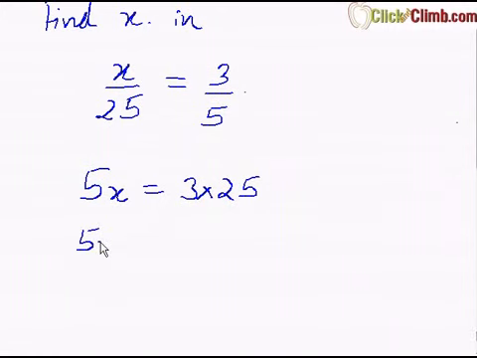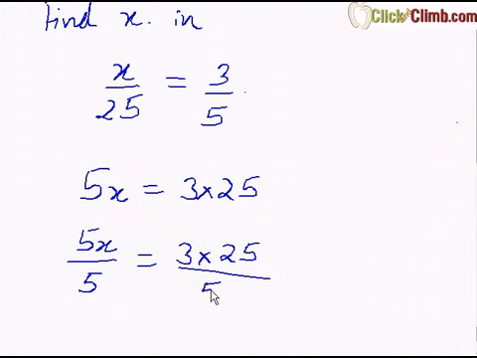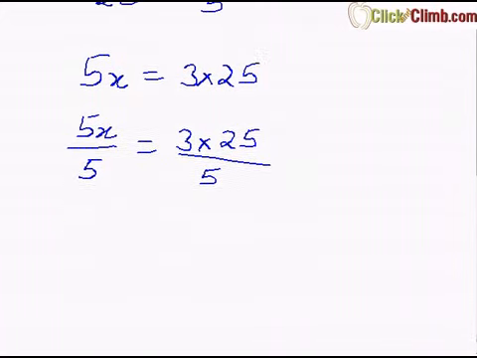Now the next step will be to divide each side by 5. So I'm dividing 3 times 25 by 5. I could also divide 75 by 5, that is the product of 3 and 25, but I can also use this way. 5 divided by 5 is of course 1, and x over 1 is only x.